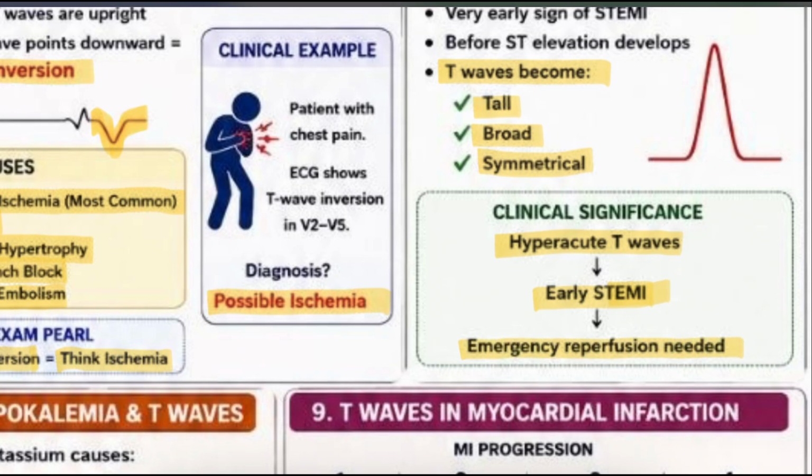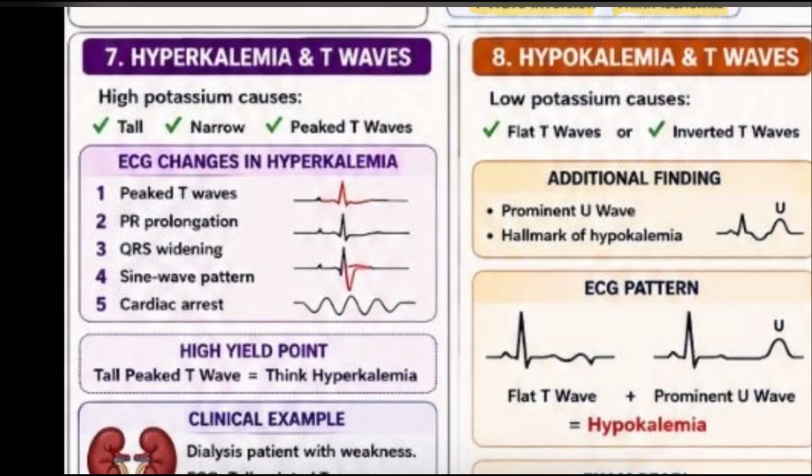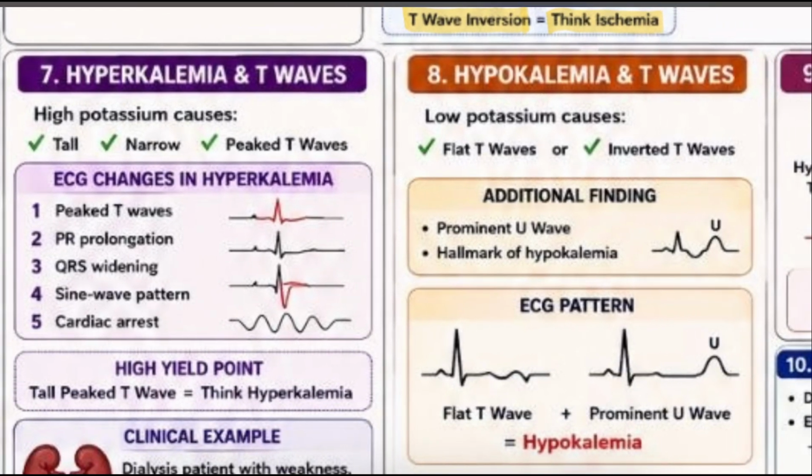Okay, next hyperkalemia and T waves. Hyperkalemia is one of the most important emergency ECG diagnoses. High potassium level causes tall, narrow, and peaked T waves.